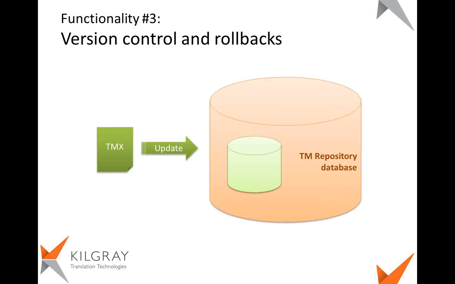Either there remains nothing if it was the first version of the translation unit, or the earlier version is uncovered. Because otherwise, when you query the TM repository database, it always gives you the newest content. So you are simply unable to retrieve outdated content if there is a new version of the translation unit, or you can retrieve the version history if you wish.